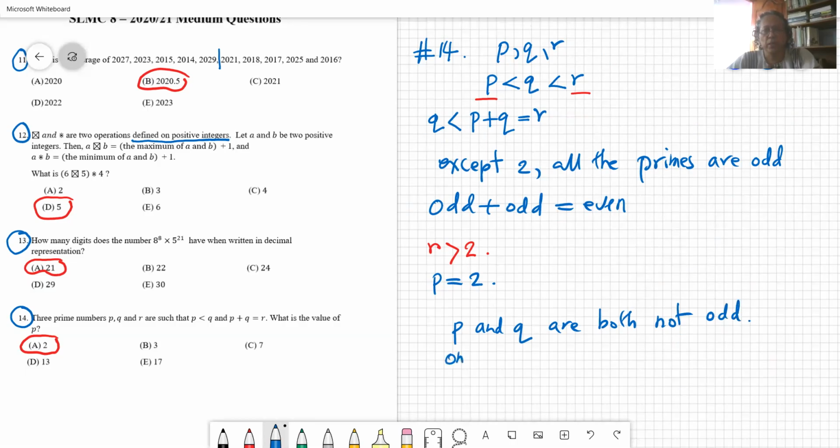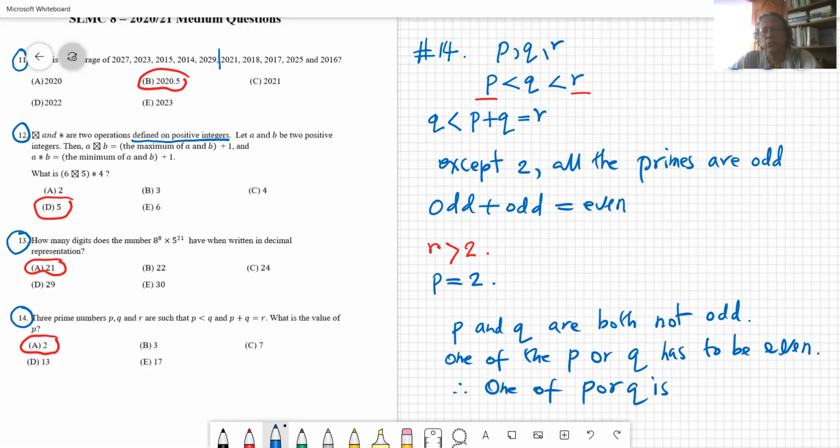So one of the P or Q has to be even, right? So that means one of P or Q is 2, because that's the only even prime, right?